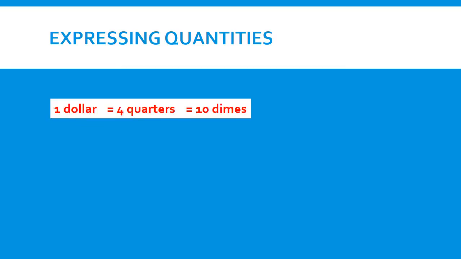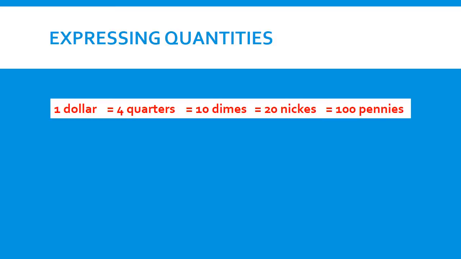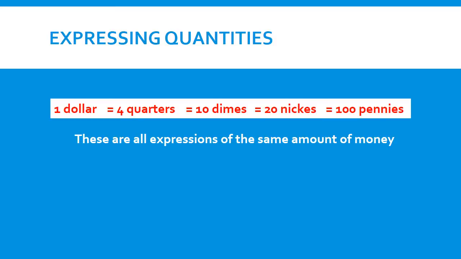If I want to express a quantity like $1, now $1 could be 4 quarters, 10 dimes, 20 nickels, or 100 pennies. Now these are all expressions of the same amount of money, but what is different is the unit or the scale being used. So we can convert from one to the other.